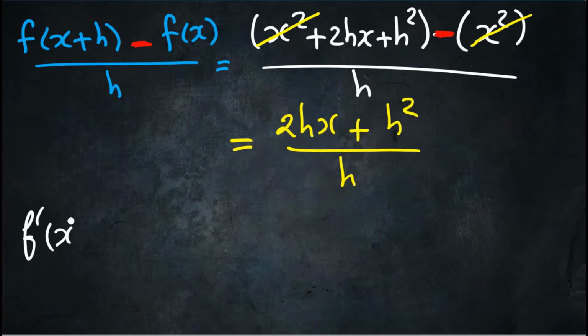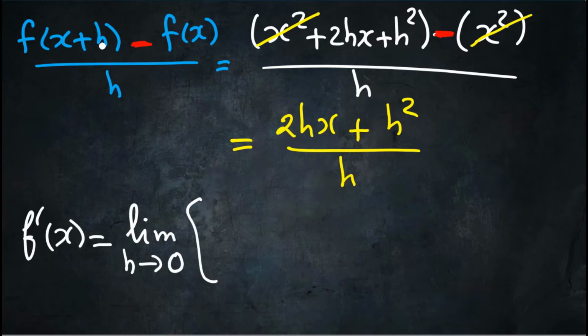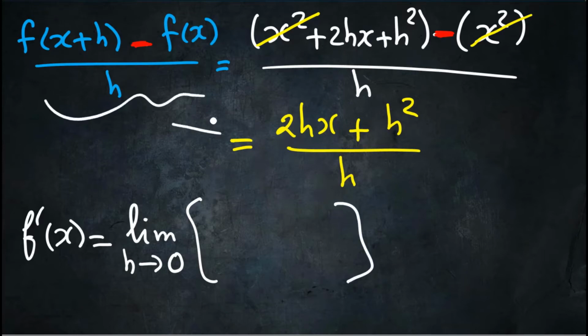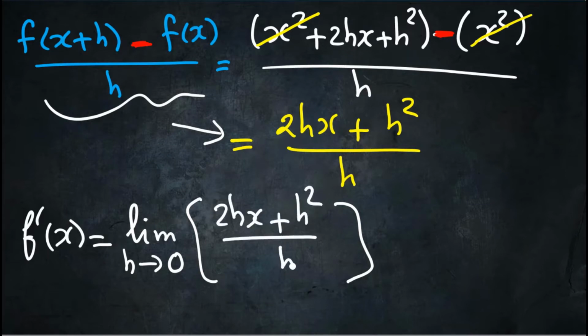The derivative of f of x is defined as the limit as h goes to 0 of f of x plus h minus f of x over h, but this is 2hx plus h squared over h, so it's the limit of 2hx plus h squared over h.